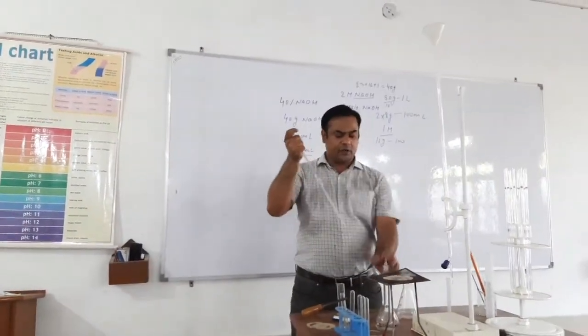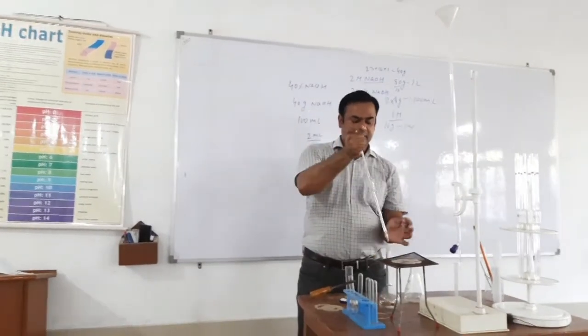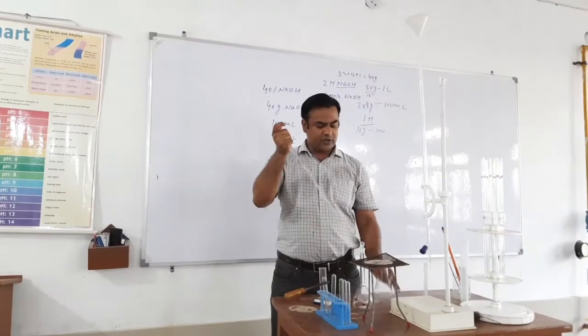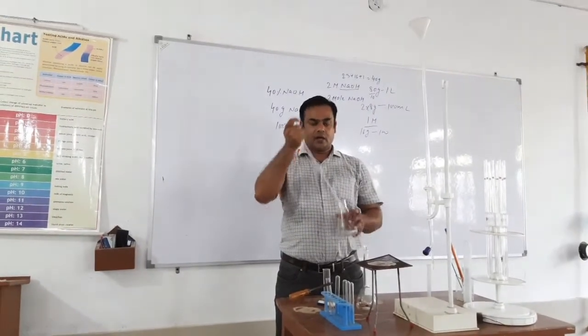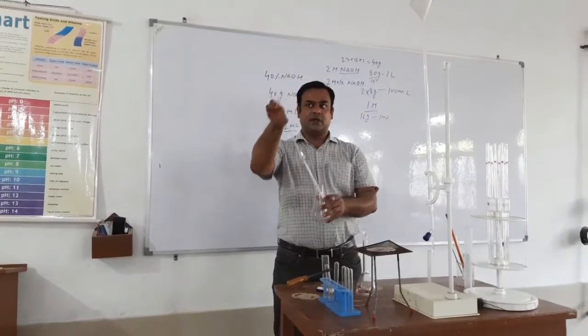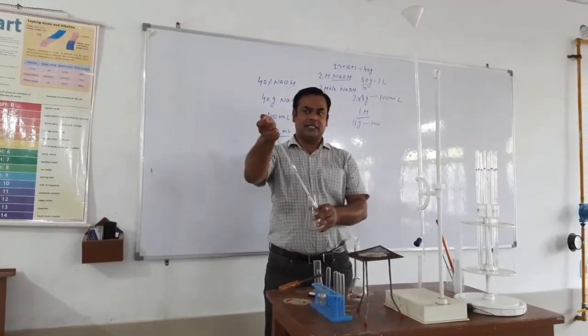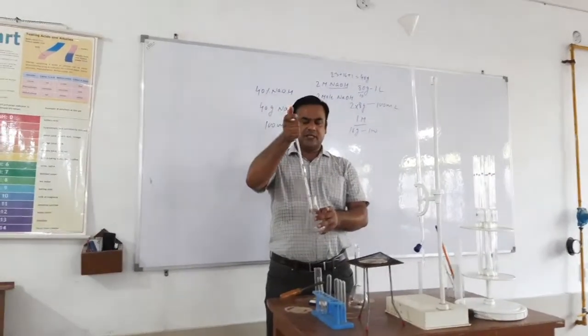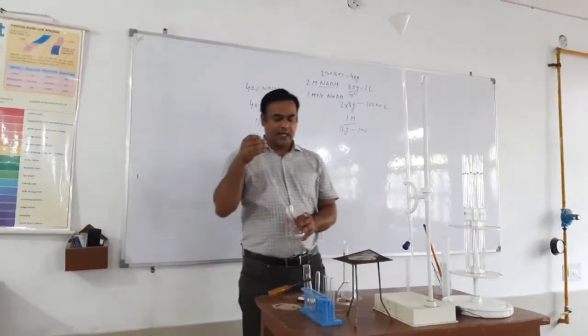Suppose we have taken solution from this standard measuring flask, then we transfer this solution inside the conical flask, releasing the thumb slowly. When we remove our thumb slowly, the solution comes inside the conical flask.